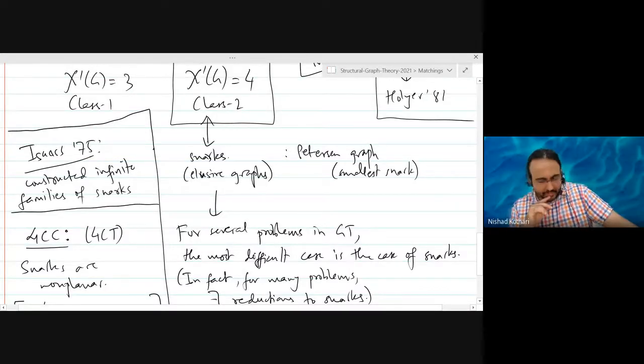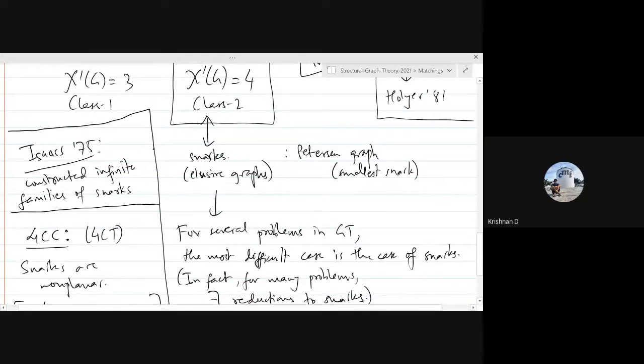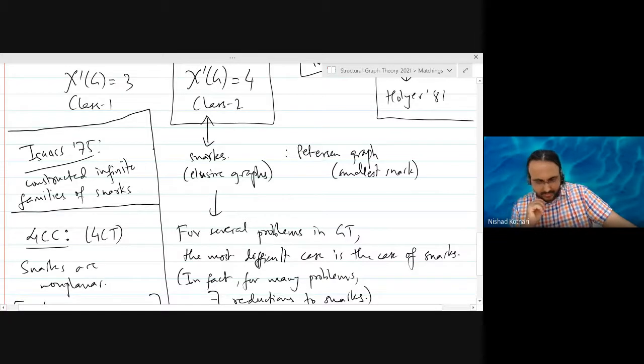It can't be a subdivision of K5. They have to be subdivisions of K3,3. That's right. Because it is a cubic graph, you don't have any vertex of degree 4 or more, so you cannot actually have a subdivision of K5. So all snarks will have a subdivision of K3,3.